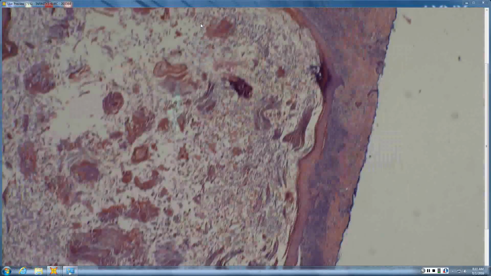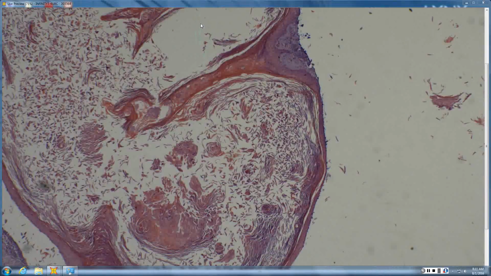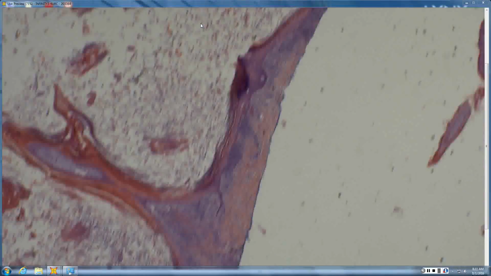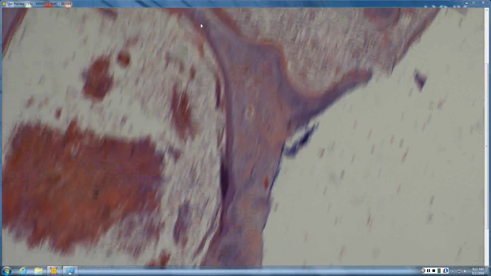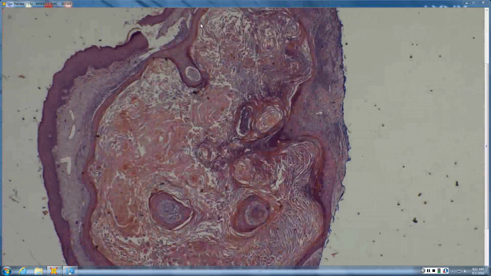So what you have is a big crateriform lesion making lots of keratin, and the wall is down to the skinny little squamous epithelium, but it still has its crateriform scalloped outline. So that is regressing keratoacanthoma.